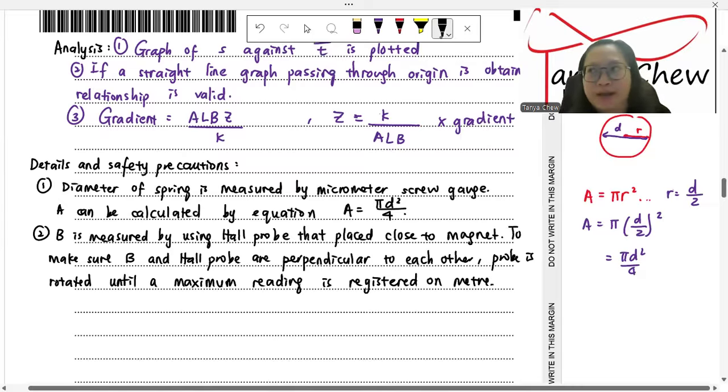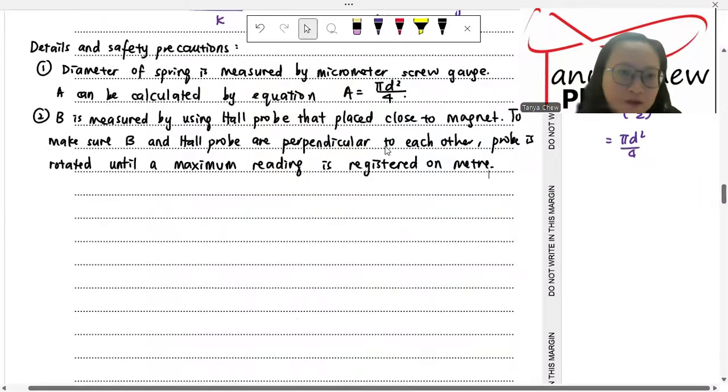Normally, the Hall probe is connected to a millivoltmeter. The value of the magnetic field is quite small.